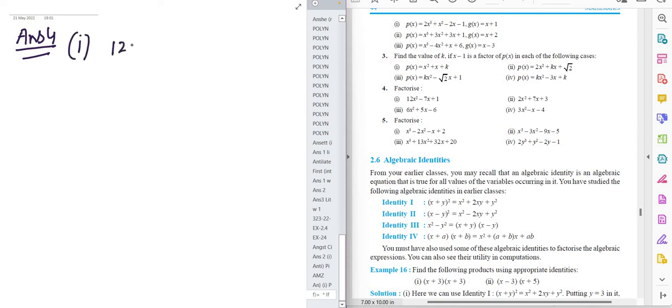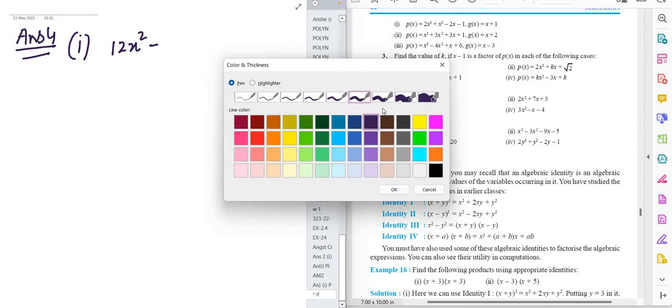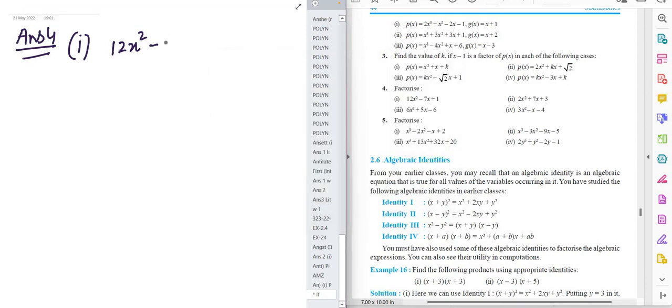So here 12x square minus 7x plus 1. Okay, try to remember class 8.